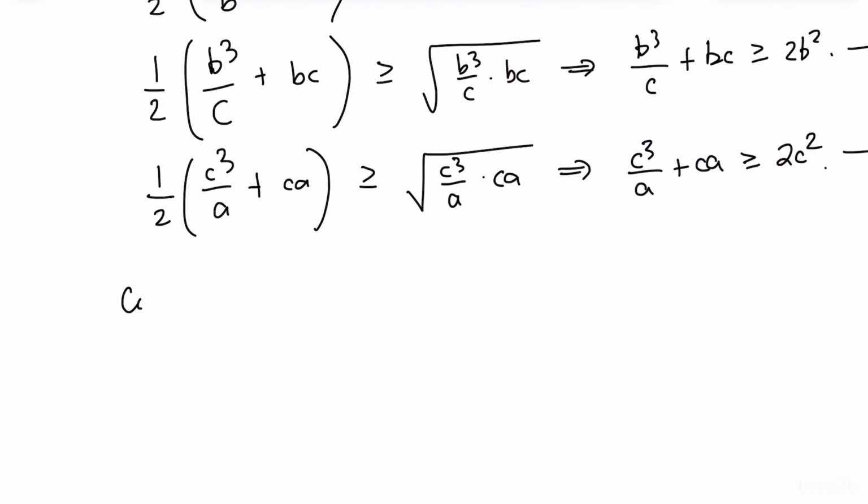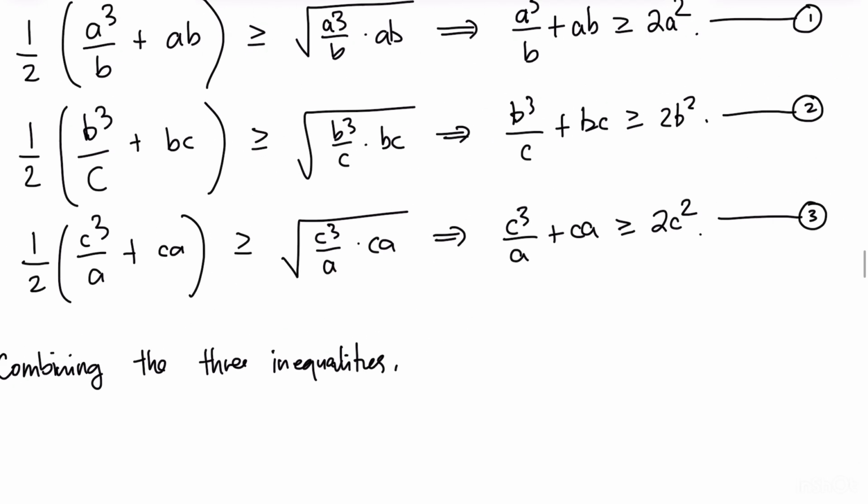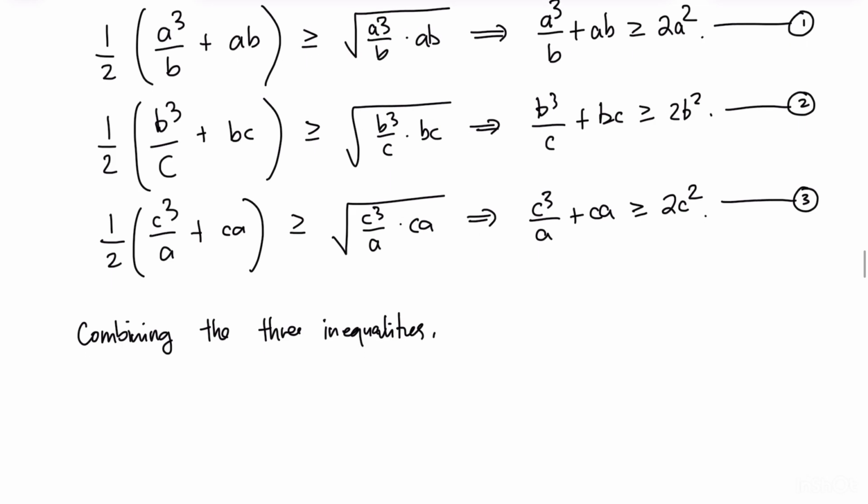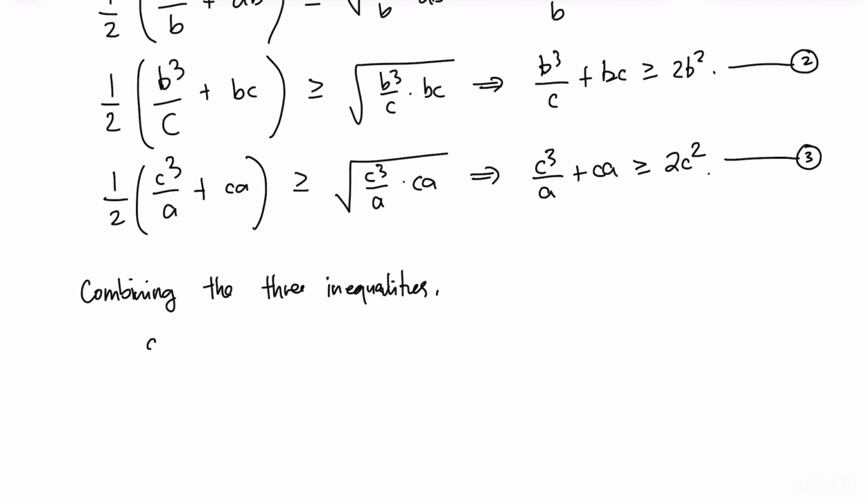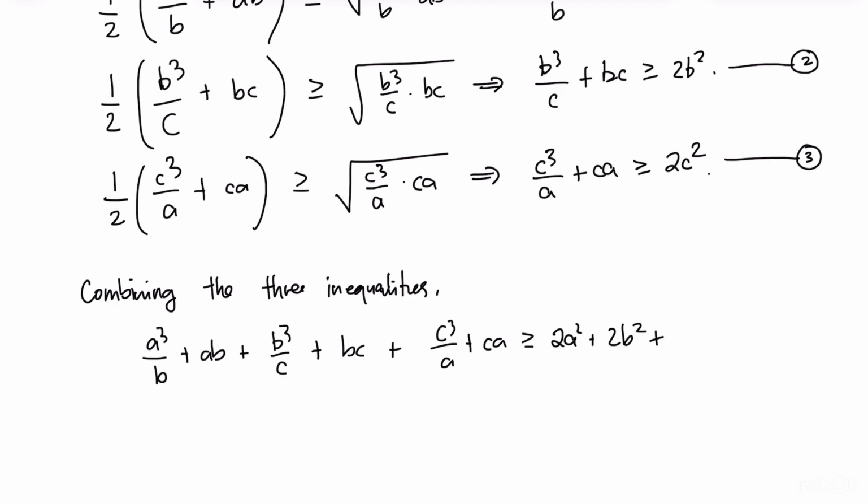So combining the three inequalities, inequality 1, 2, and 3, we're just going to add. So this becomes a cubed over b plus ab plus b cubed over c plus bc plus c cubed over a plus ca, which is greater than or equal to 2 times a squared plus 2b squared plus 2c squared.